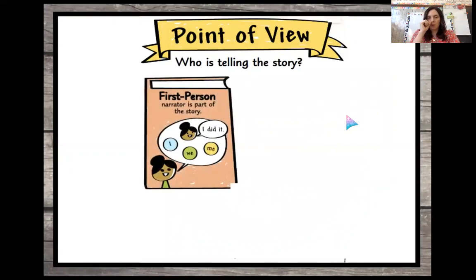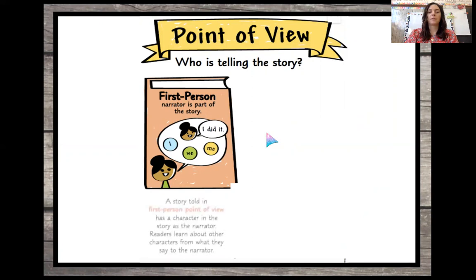So there's a first person point of view, and that is where the narrator is part of the story. And stories that are written in first person include pronouns like I, we, and me. So that's a story that you're reading, and the person that's telling the story is actually in the story and telling you about what happened specifically to them.